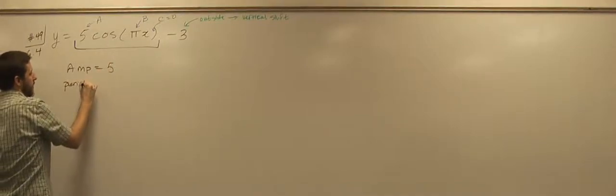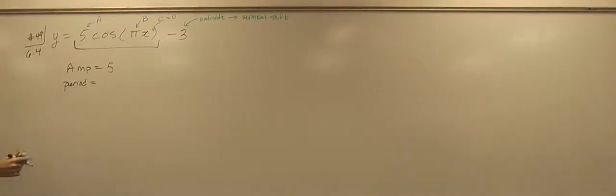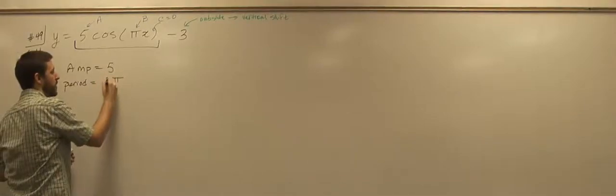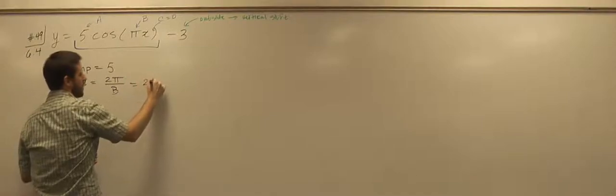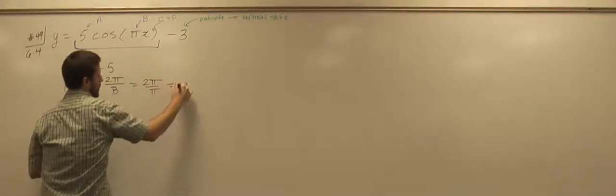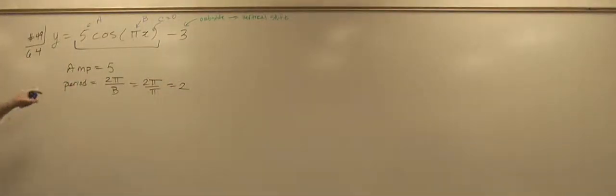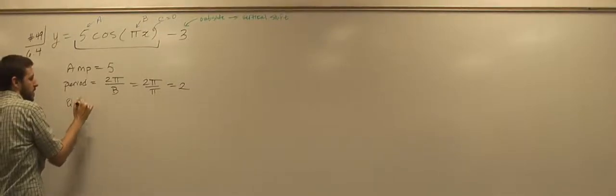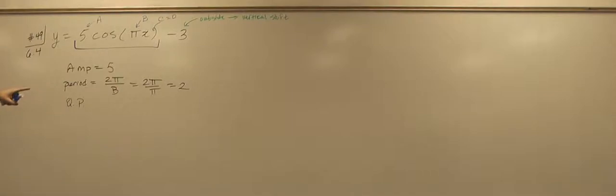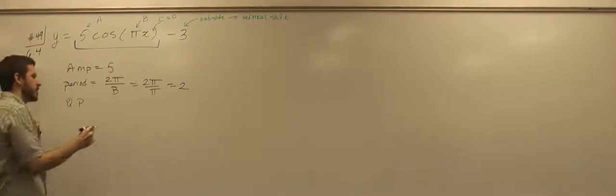Period, what's the formula for that? 2 pi over pi. 2 pi over B, right? 2 pi over whatever's in front of the x. In this case, there's a pi, so 2 pi over pi. Also, I'm going to want my quarter period while I'm at it. Right, so I'm going to go ahead and take that period and cut it into 4 equal sectors.